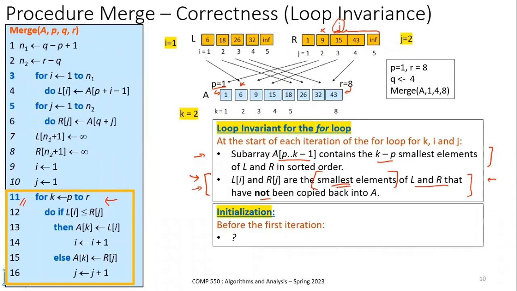It's just asking whether those are the smallest elements. We were just having a small debate on that. We could have just said the L and R elements that have not been copied, which is what Jane suggested. She just suggested that those have not been copied. She didn't say that they're the smallest. So that was just that debate.